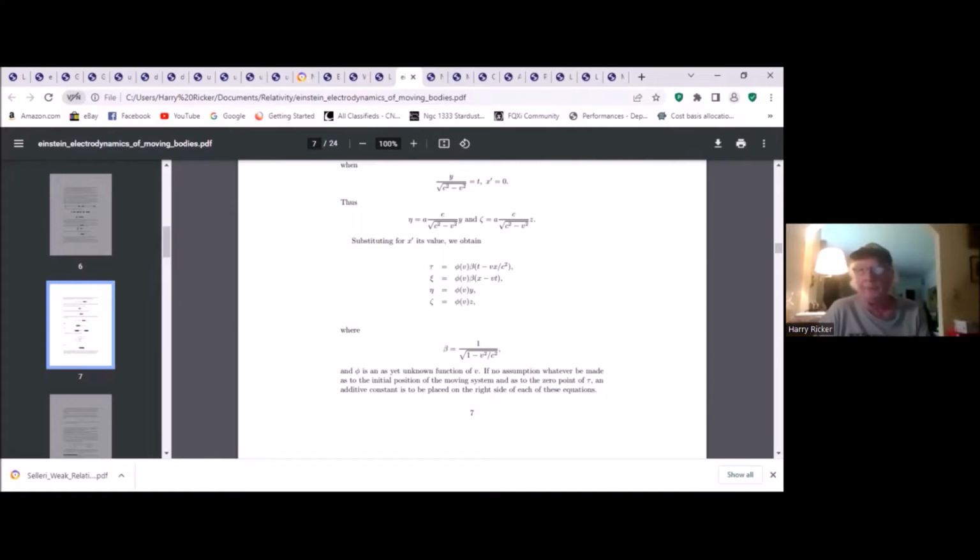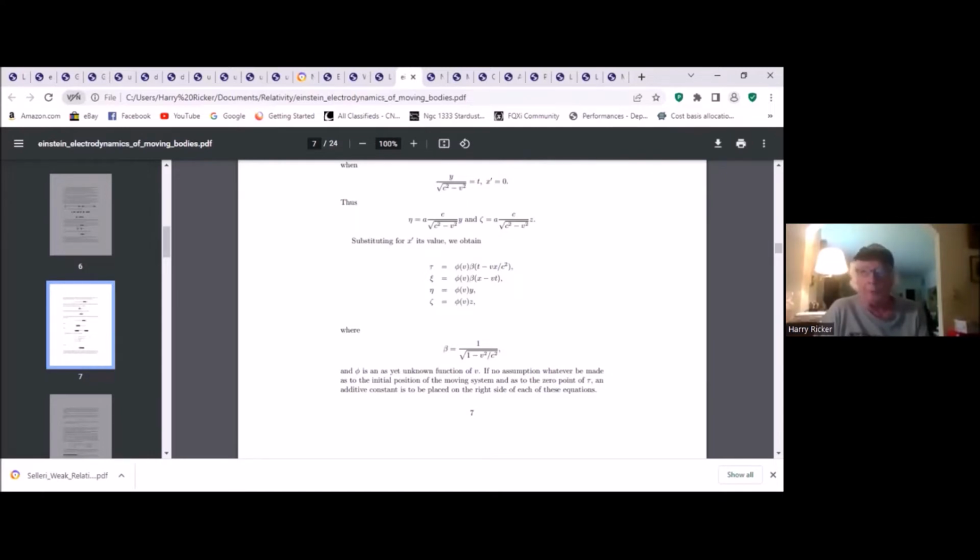And so you can get an infinite number of transformations of space and time. You don't just have the Lorentz transformation, you have all these other transformations of space and time that you can have. So the Lorentz transformation isn't unique. There's no proof of uniqueness of the Lorentz transformation, which in my mind is kind of a serious problem.